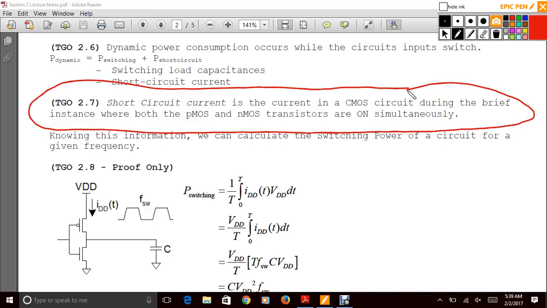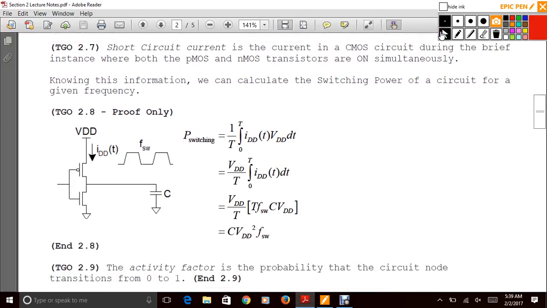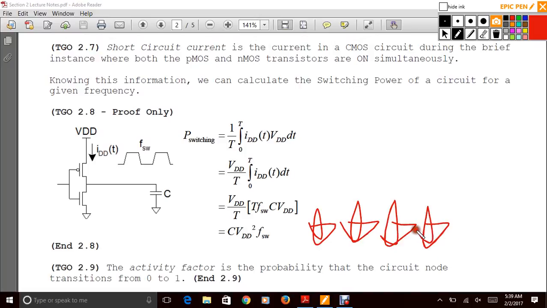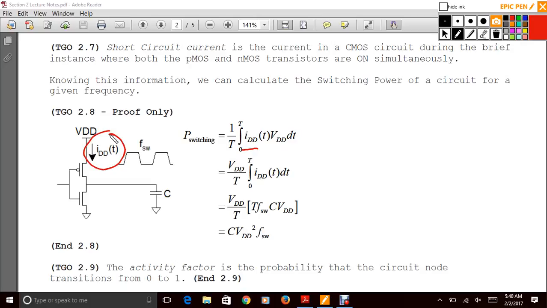And so what we're going to do is calculate here, and this is an important equation. I highly recommend you know this. You'll see this over and over again when you're coming up with different methods for synthesis. So you have 1 over T, so you have this energy equation that we've come up with, right? We know that we have our supply voltage from our current from the supply.